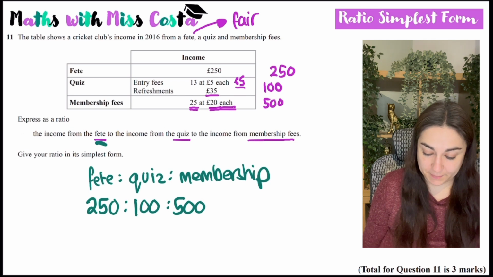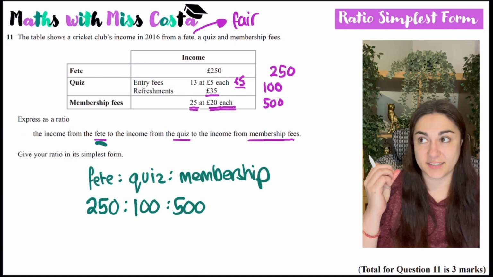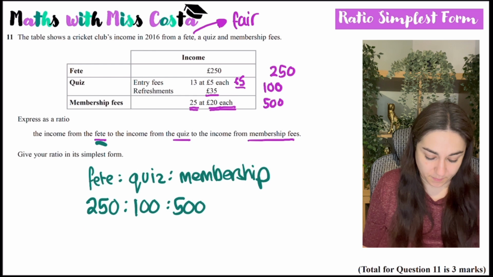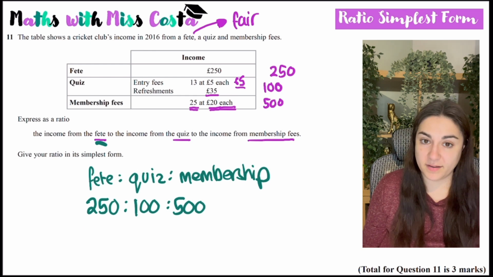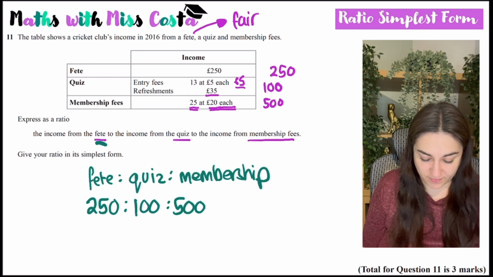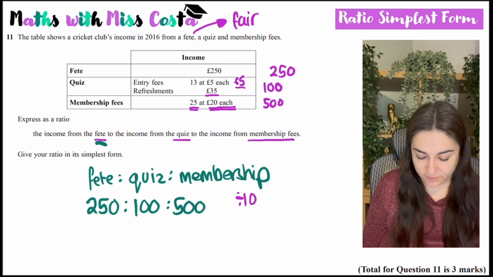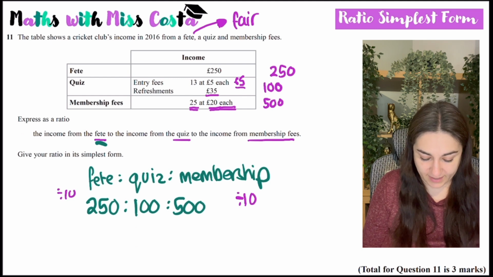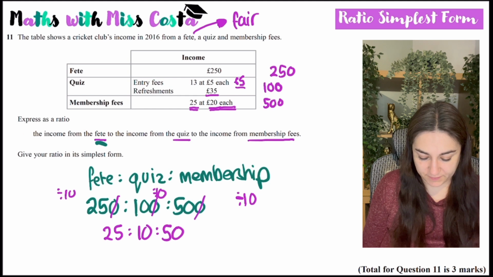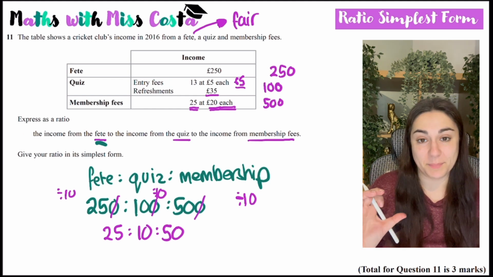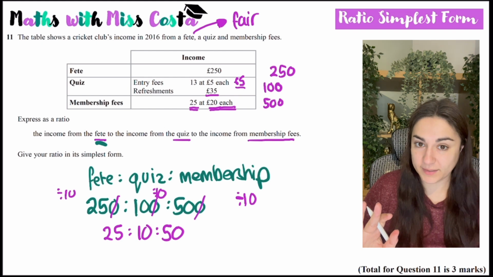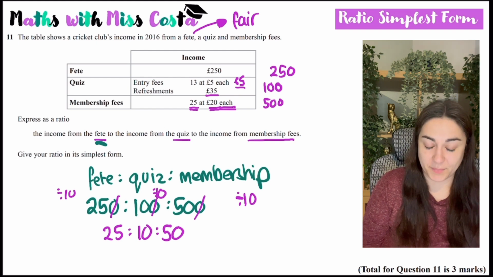And just like when I'm simplifying fractions, I can just divide each little ratio by the same number and it will simplify it. So the easiest thing to do might be to divide by 10 to just simplify everything first. So if I divide by 10, I can basically just chop off that 0. So it's 25 to 10 to 50. And also when you're simplifying, you don't want to have decimals. That's why I couldn't divide by 100.